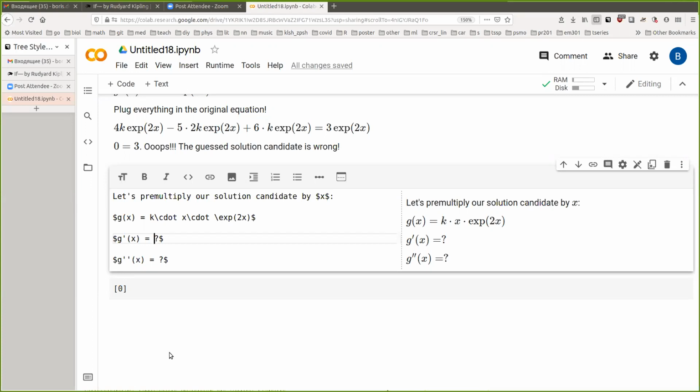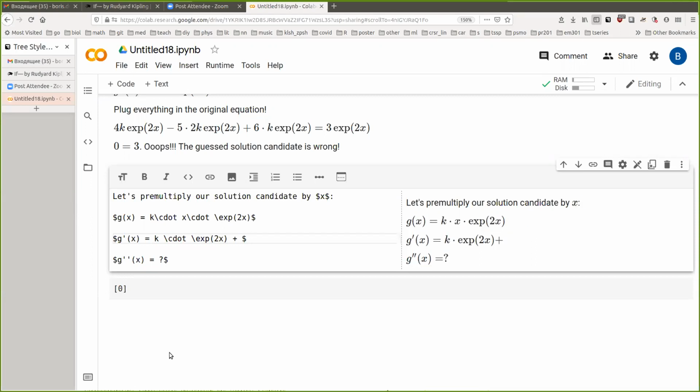It's k exponent 2x plus 2x k exponent 2x. That's the first one.